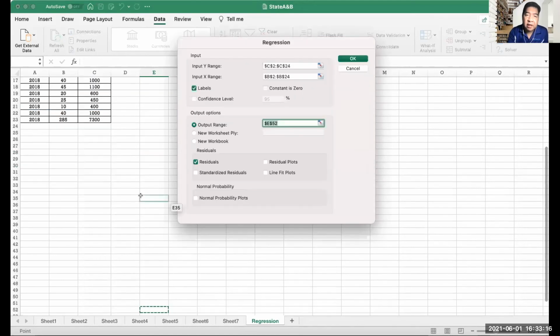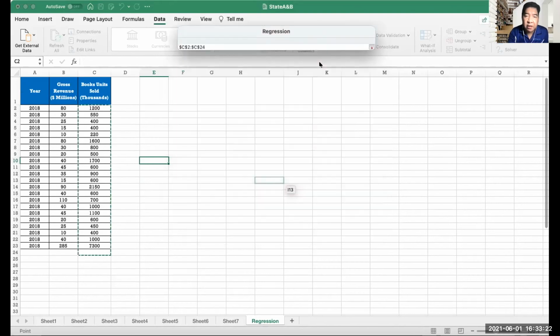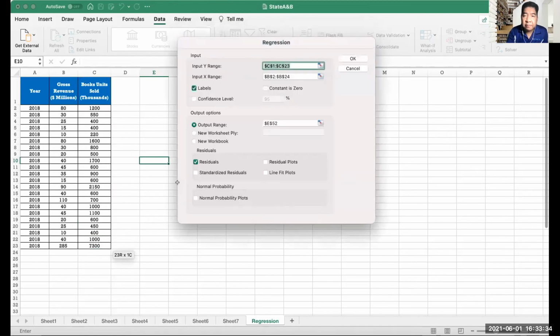I already inputted the Y value. If I click this part and click from here up to this, this is our y component, the y values for our equation. Press enter and then input the x range.